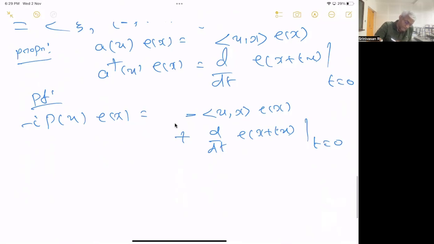Verify the following. Let F be the finite particle vectors. You know what finite particle vectors are? This is the nth particle vector, the nth direct sum.